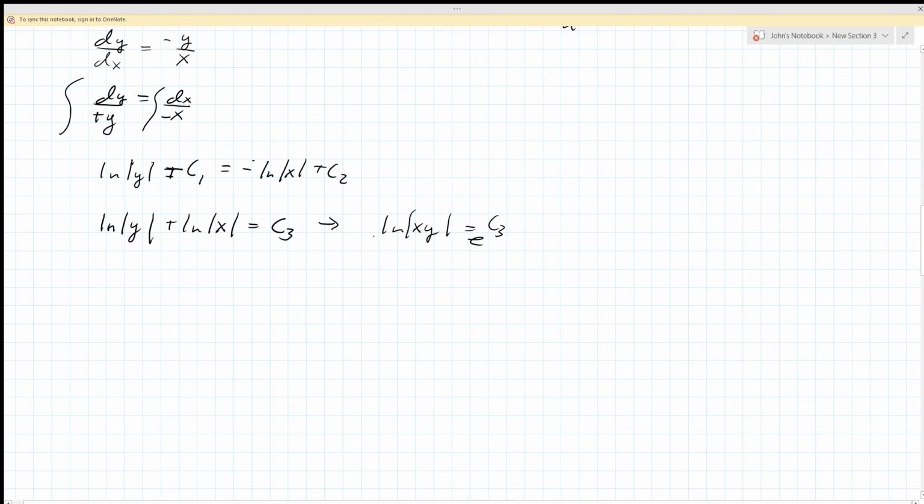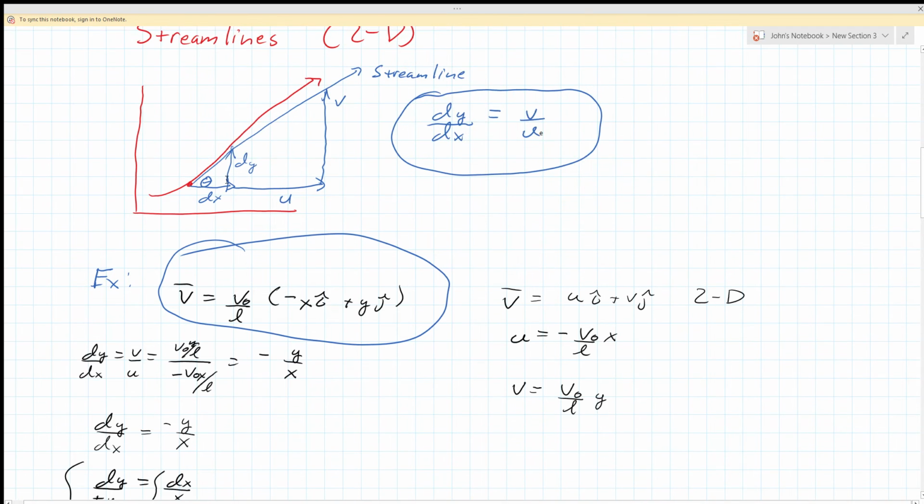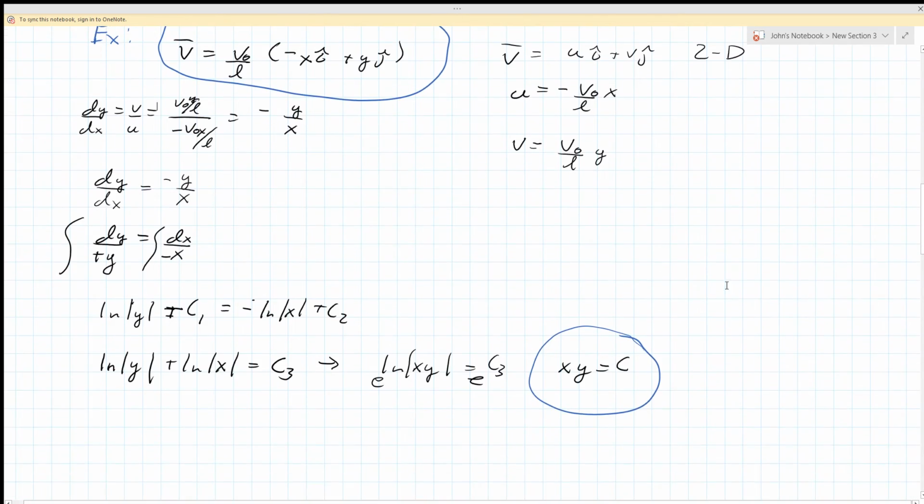Exponentiate it, and I get xy is equal to some constant. So this equation here defines my streamline for the flow for this velocity vector field, all by using the equation that the slope here is equal to the same slope at a different point if I went some velocity horizontal and the same velocity vertical. So this is now my equation for that streamline.